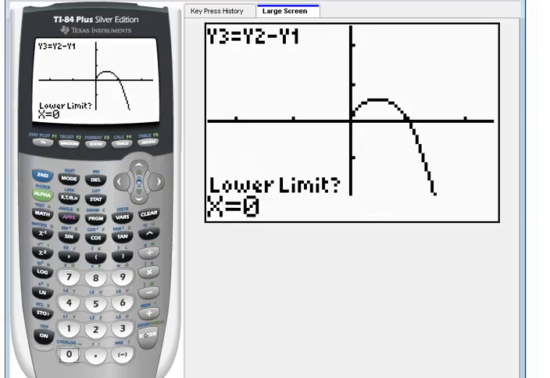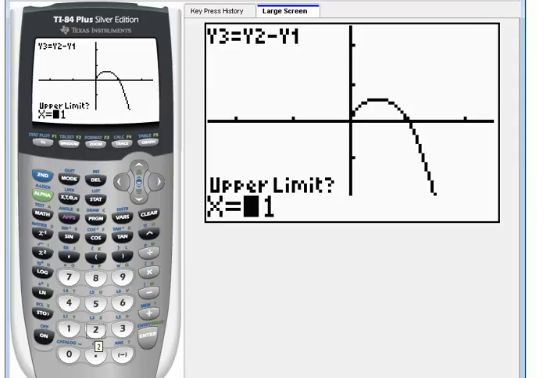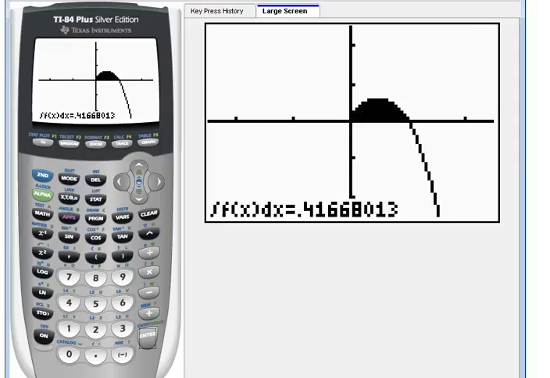I know that I'm going from 0 to 1. Oops. Upper limit should be 1. Enter. Alright, so I made a mistake. Let's go back. 0 to 1 for the upper limit, and it finds the area to be 0.4166, etc.